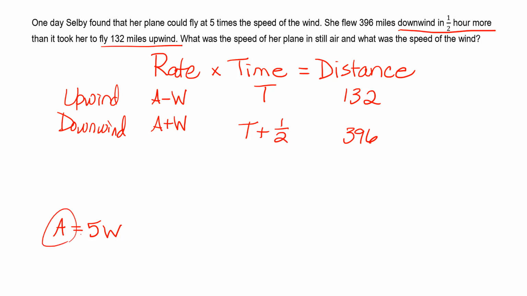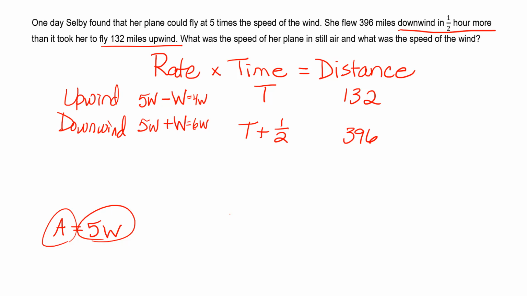We know that the speed of the airplane is 5 times the wind, so we can go ahead and change these A's up here to 5W. So the rate upwind is actually 4W. 5W minus W, that's 4W. And the rate downwind is 6W.